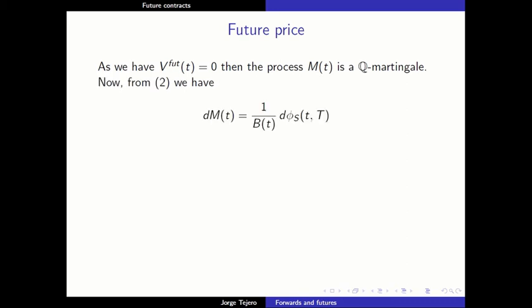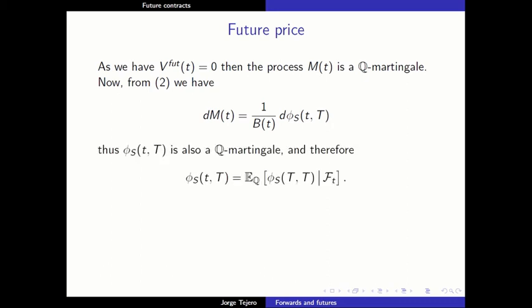Now, from the definition of the process M_t, if we take derivatives, we see that the differential of M_t is equal to the differential of the future price divided by the bank account. Thus, if our process M_t is a martingale, then so is the future price.